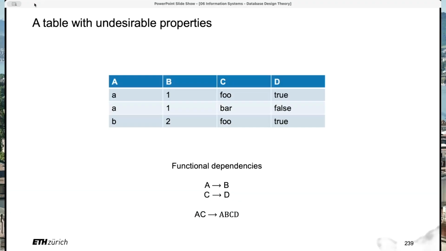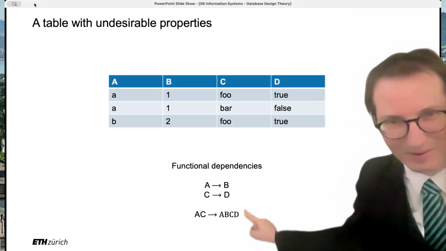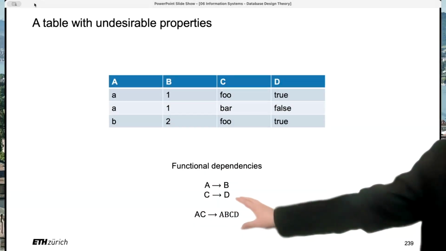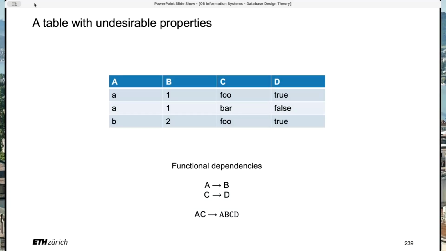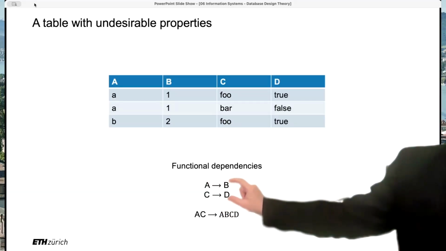Yes? The three of them. So you say the three of them would be a minimal basis. Anybody else? Any other ideas? Yes? Just the first two. So you say just the first two would be a minimal basis.